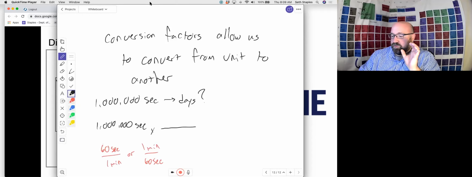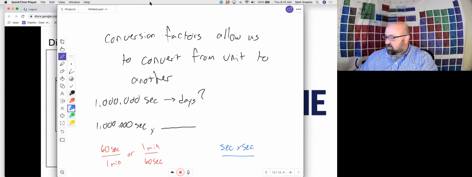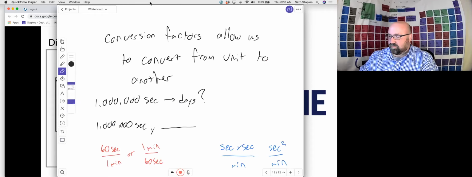And so we want to use this conversion factor in whatever form cancels out the units that we want to get rid of and leaves us with the units that we want to still have. And so keep in mind some basic algebra. If we have, without even looking at numbers, seconds times seconds all over minutes, nothing cancels out, right? And we're left with seconds squared over minutes. That doesn't do us much good. So let's get rid of that.